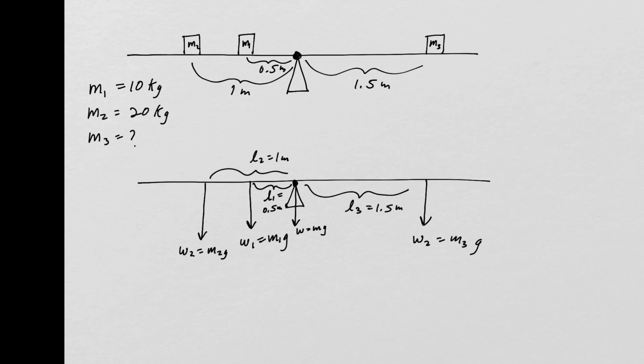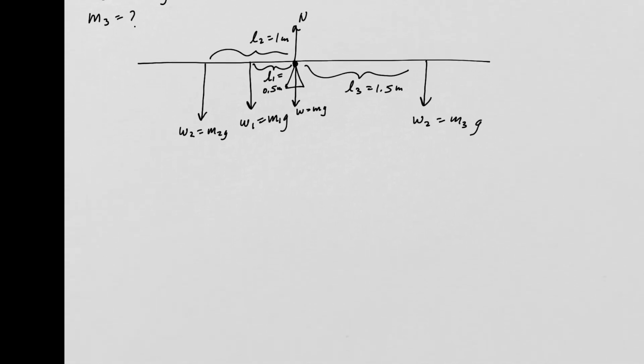And I have a normal force pushing up, the knife edge, the stand, pushing up on the seesaw at that center. So I have 5 forces because we're assuming this is in rotational equilibrium. That means the sum of the torques about this point, the axis of rotation right in the center, has to equal 0. So I have 5 forces, I'm going to have 5 torques.